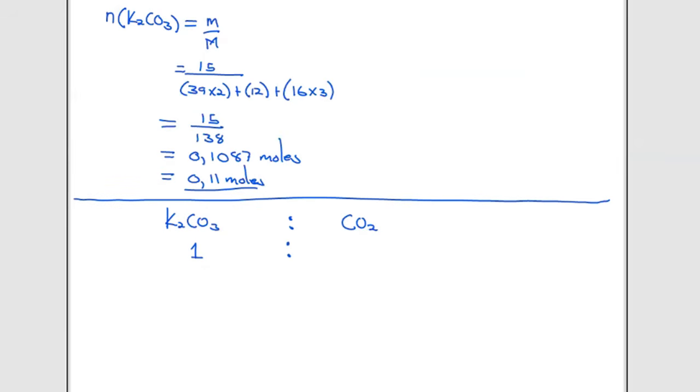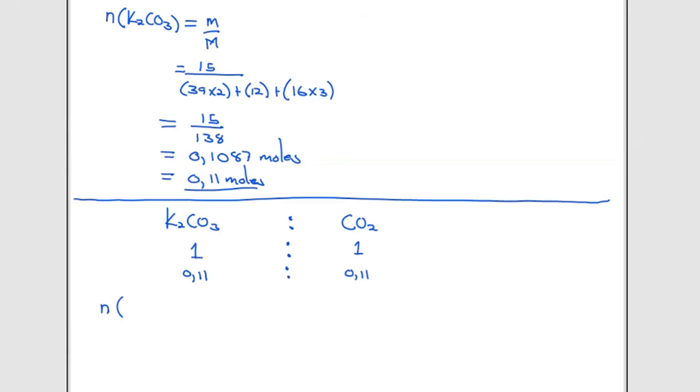It means the number of moles I'm going to use for K2CO3 is the same number of moles I'm going to use for carbon dioxide. So here I have a value of 0.11, and this side also 0.11. Why is that so? Because according to the mole ratio, these are equal.